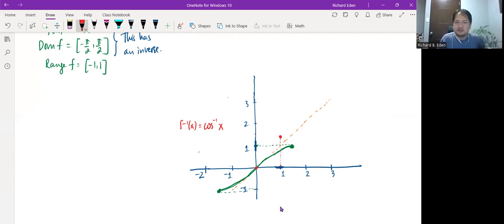So nandito, and also here. So all right, that's a graph of the sine inverse function. So f inverse of x equals sine inverse of x.